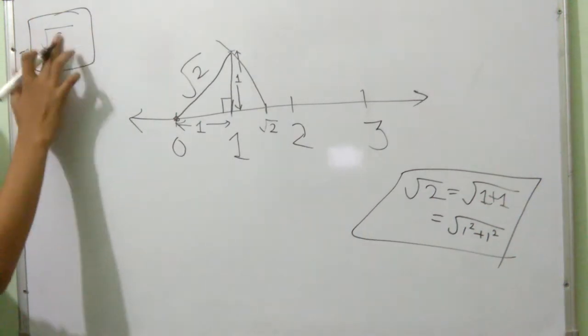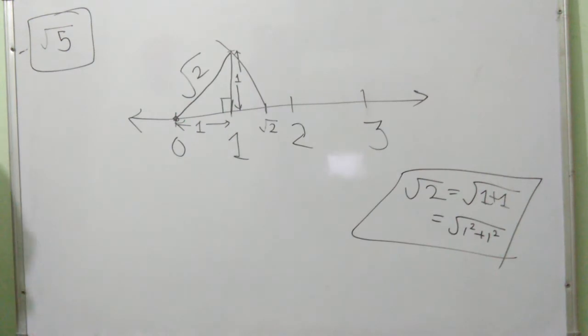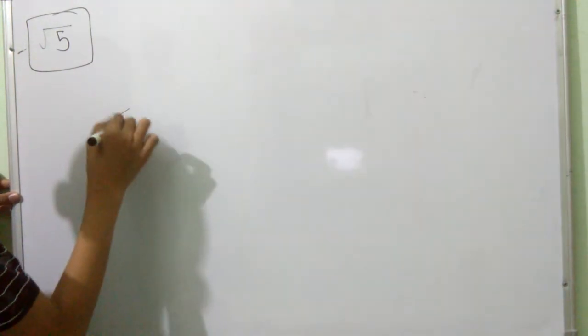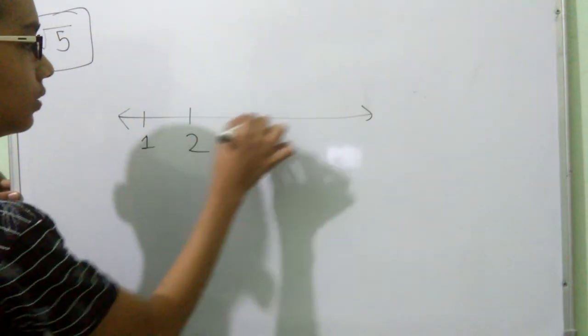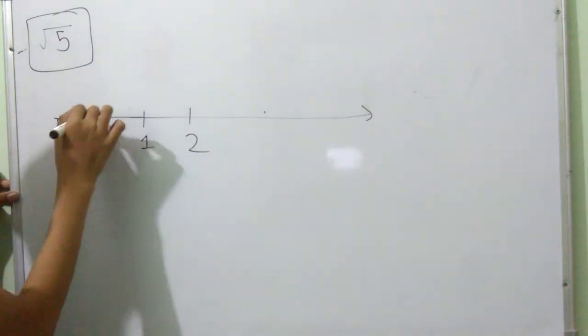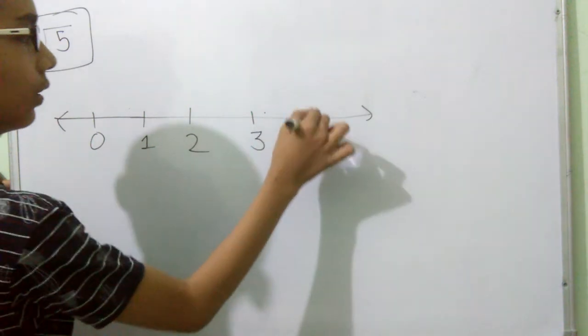For example, we have to obtain root 5 on the number line. So what shall we do? Let's learn. To represent root 5 on the number line, firstly we have to make a number line: 0, 1, 2, 3, 4.